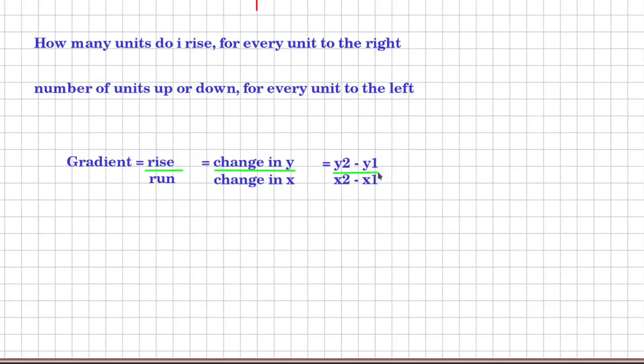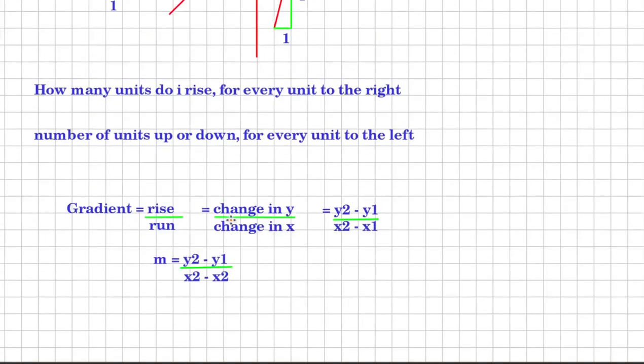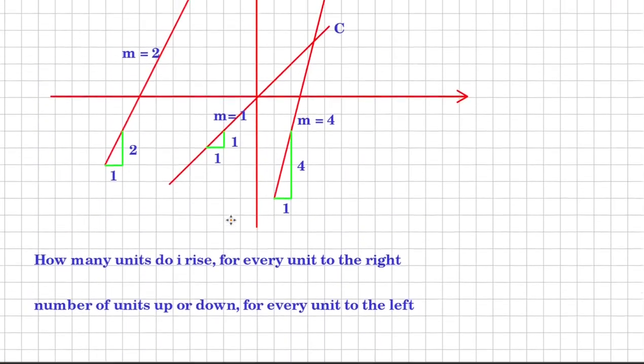It's y2 minus y1 over x2 minus x1. So your gradient, which we normally denote m, is equal to y2 minus y1 all over x2 minus x1. That's your formula for calculating gradient. If you want to view it manually, just remember how we did it.